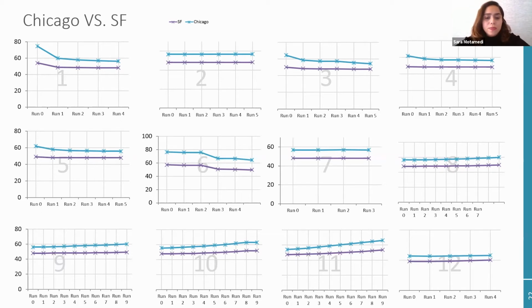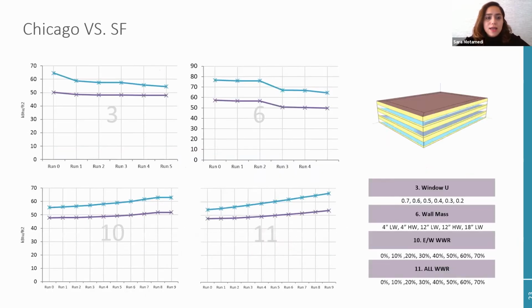The other thing that I want to discuss is that even the change is sometimes higher in Chicago. For example, look at how prominent it can be for number 10, which is the east-west window to wall ratio.